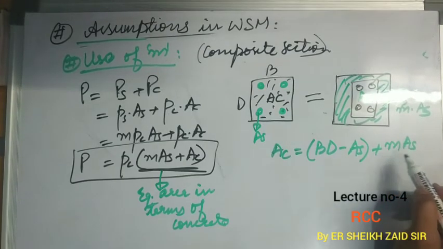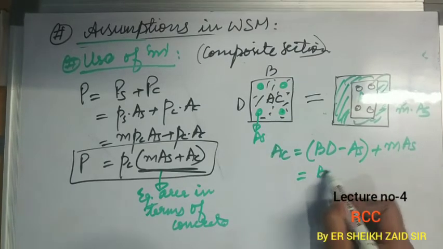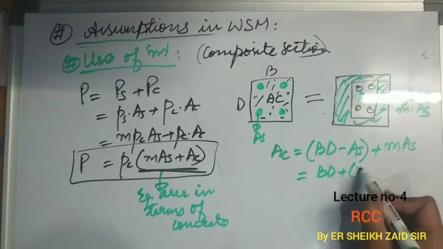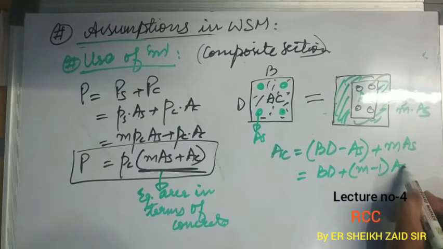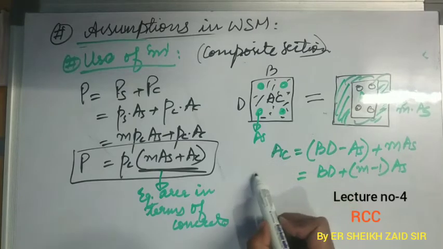Or we can further write it as BD plus M minus 1 into AS. So this is our equivalent area of concrete.